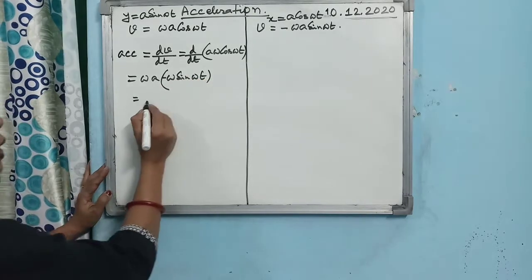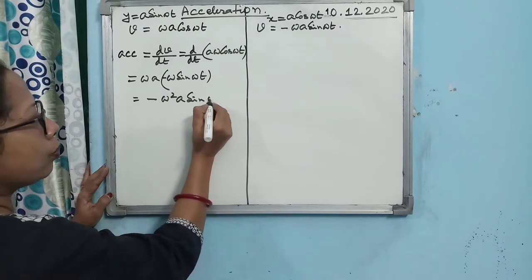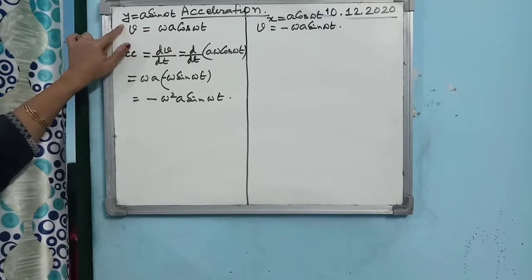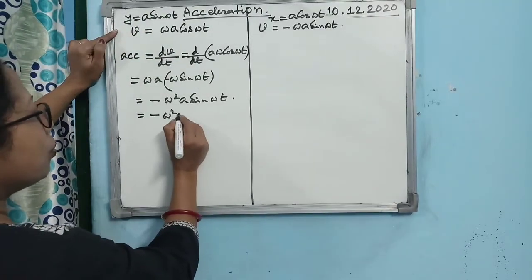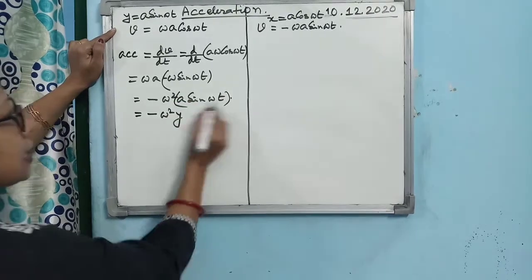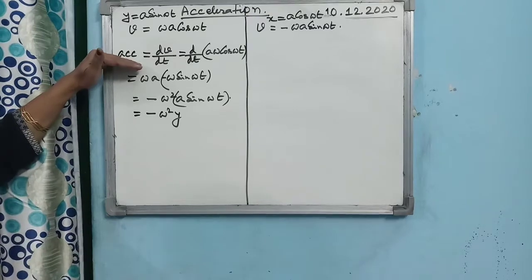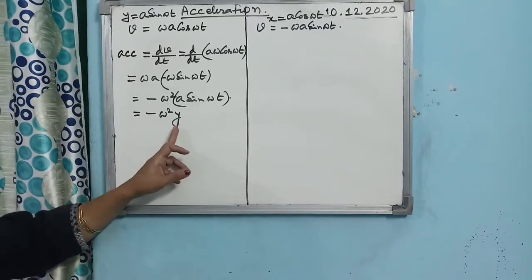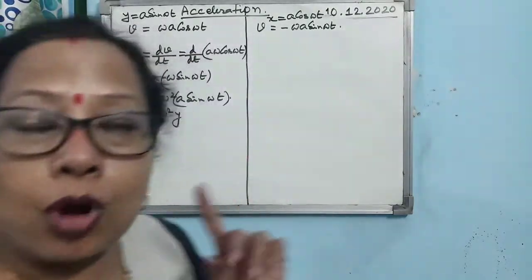So you are getting minus omega square a sin omega t. Alright, now look at the expression: a sin omega t is y. So what are you getting? Acceleration is minus omega square y, because a sin omega t is equal to y. So acceleration of the particle executing SHM is given by minus omega square y. What is omega? It is the angular velocity, which is constant.